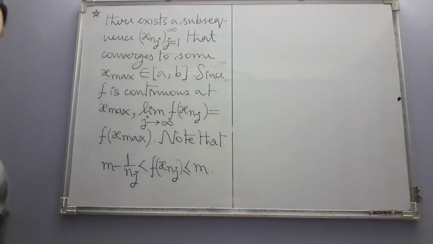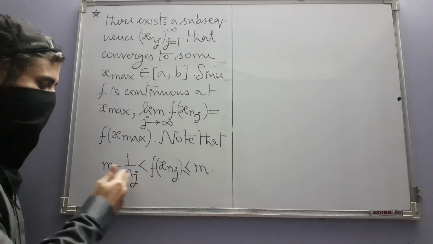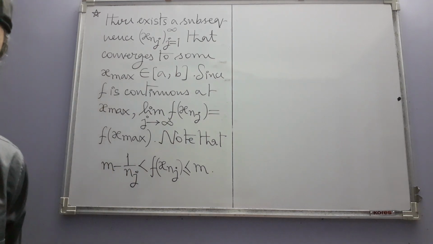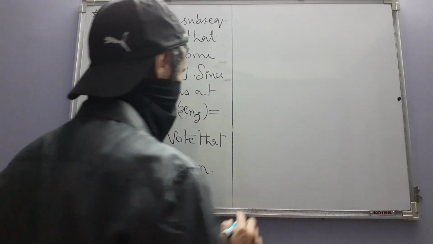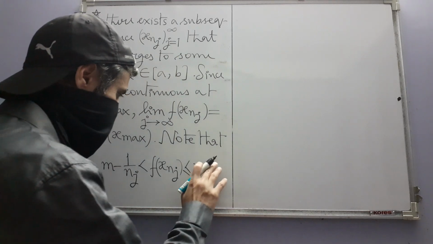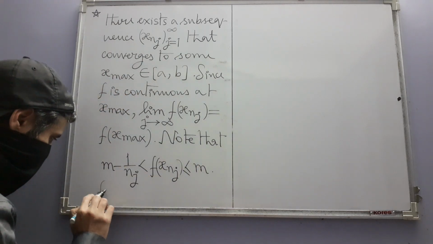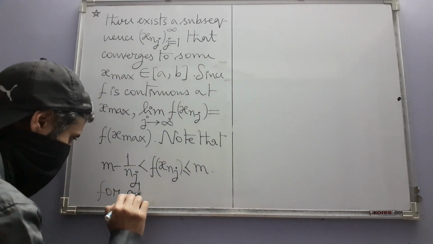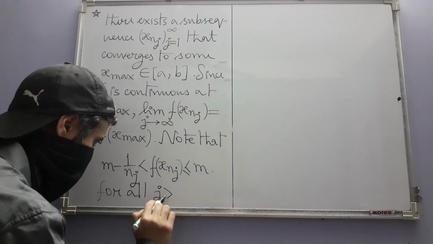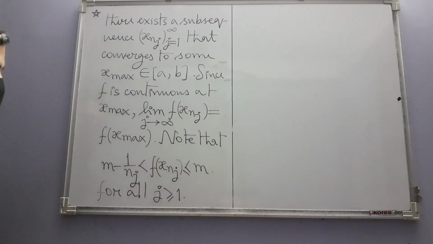So without further explaining why this side is going to be m, I am just simply going to write like this. I need to mention that now. For all positive integers j.